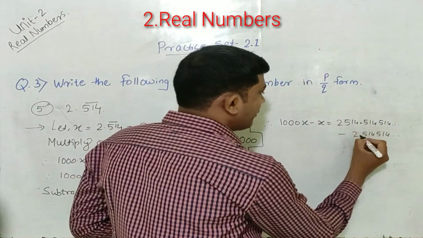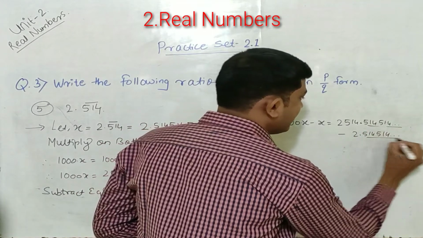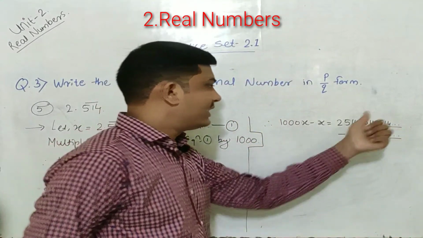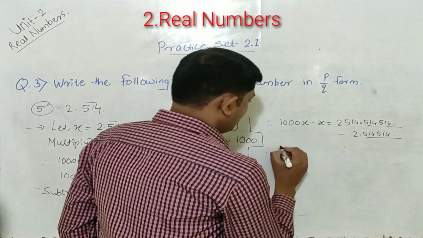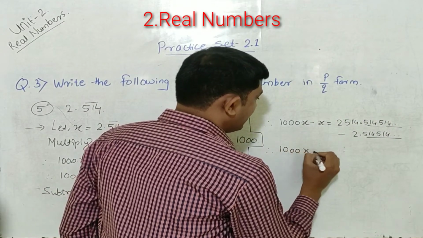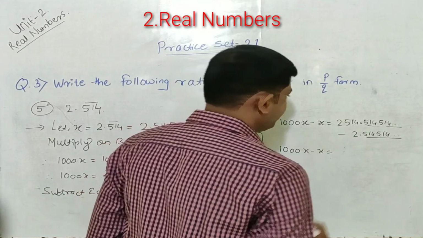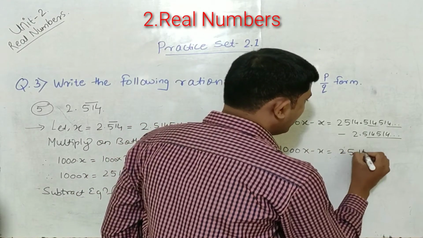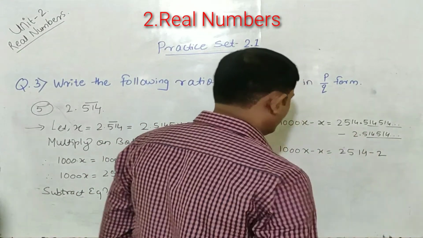Again, after the decimal point, the same digits are repeating, so if we do the subtraction, it becomes 0. So we get 2514 minus 2.